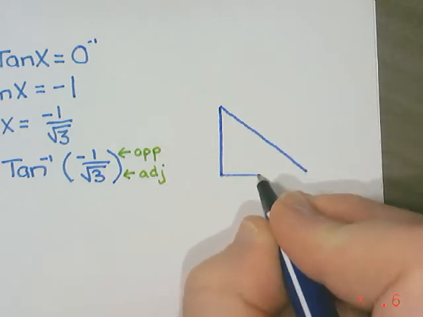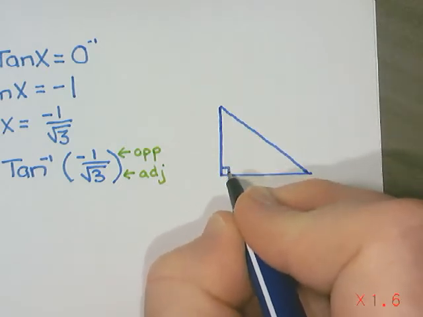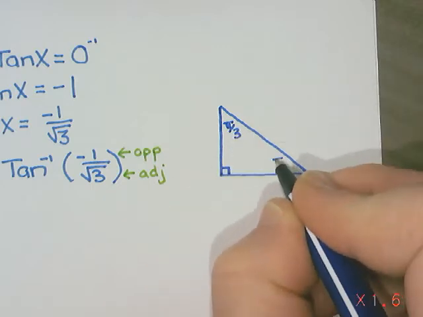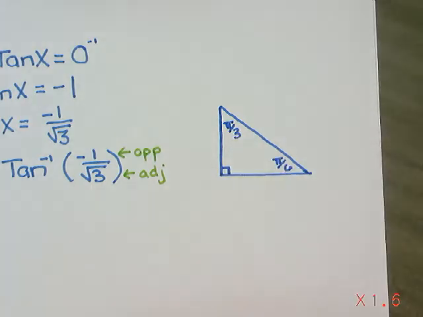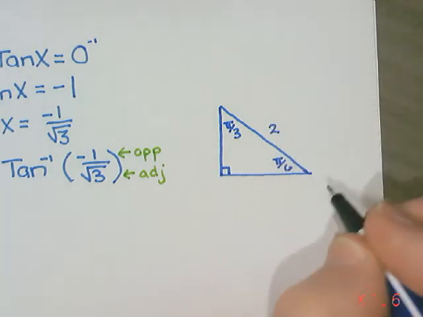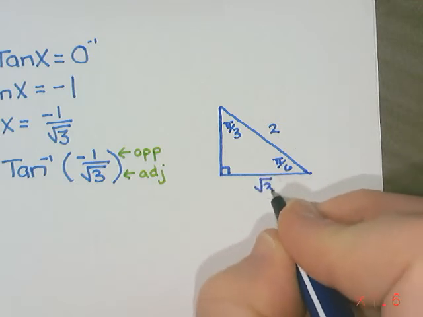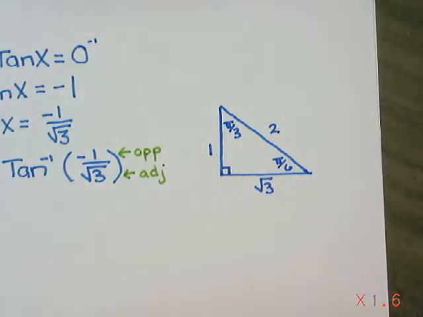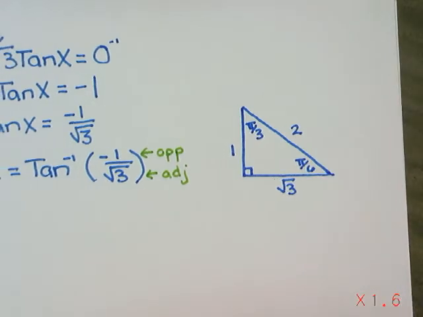I believe I am drawing it backwards from what is on your sheet, but that's okay. So I've got pi over 3 as one of the angles, pi over 6 as one of the angles, and then the hypotenuse is 2, this side is root 3, and this side is 1. So I think on yours it might be flipped over. No, actually it might look just like that.